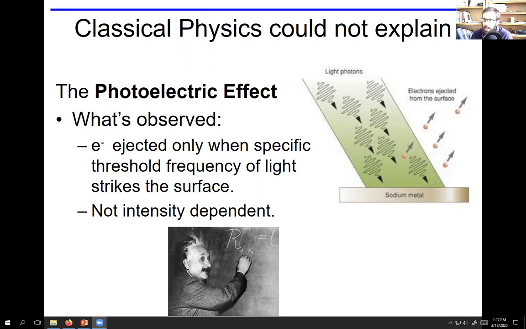What it is at the most basic level is you're going to take a piece of metal. Metal's the most common material used here. So here I show sodium metal. And you're going to have light in the form of photons shining down at this surface. Photons are the particles that make up light. We'll talk about that more later. But basically you just are shining light on a metal, okay? This could be a laser, it could be a lamp, whatever.